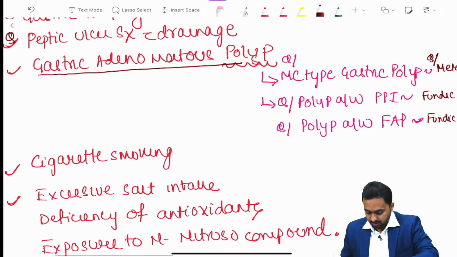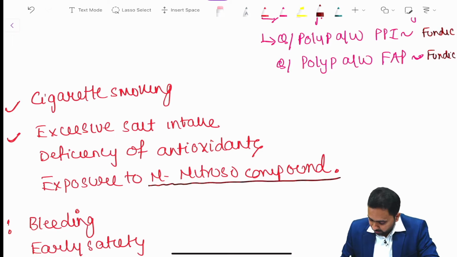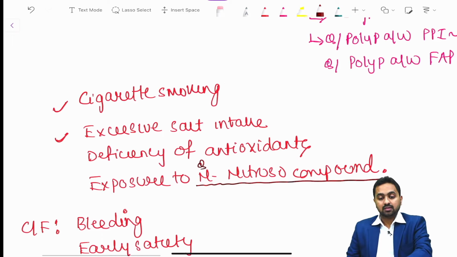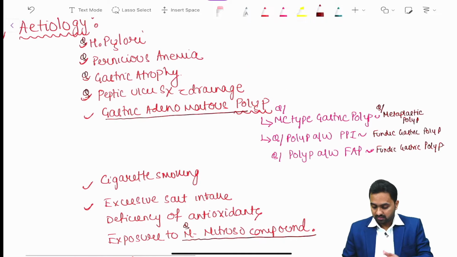Now, cigarette smoking, excessive salt intake, and exposure to N-nitroso compounds are some of the risk factors for gastric carcinoma.